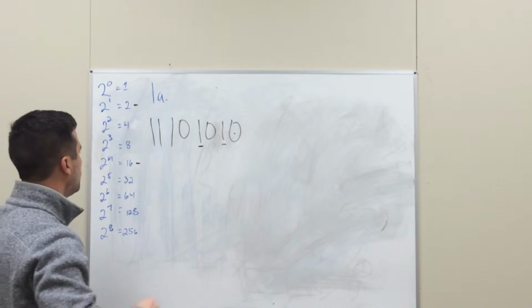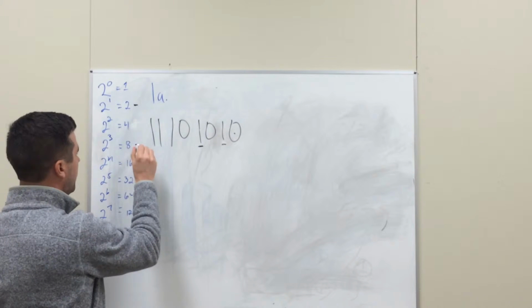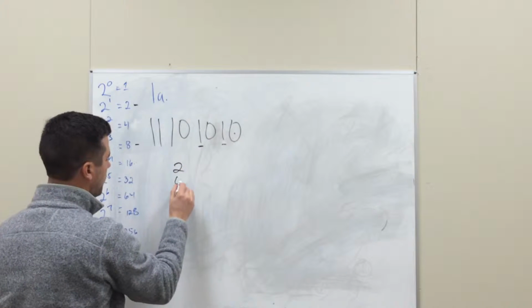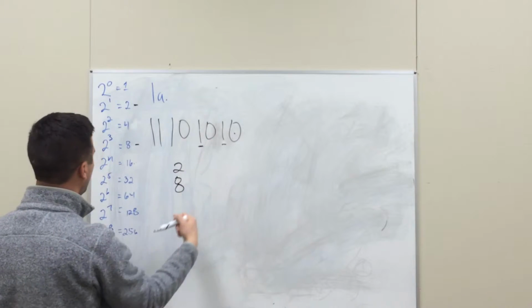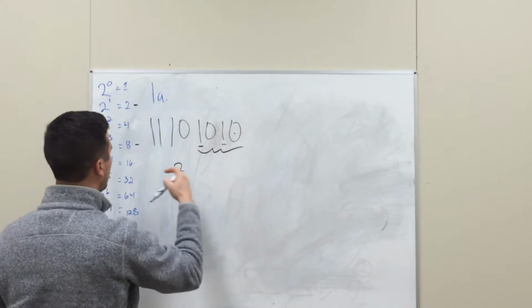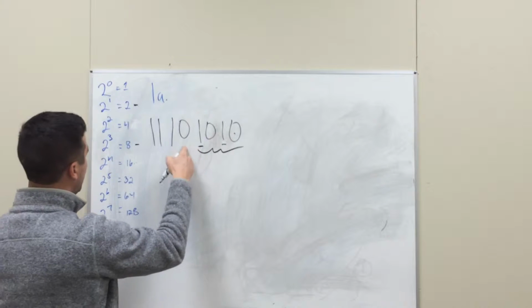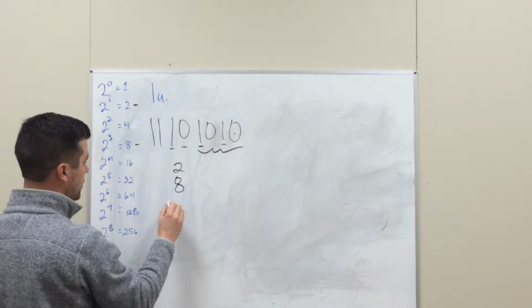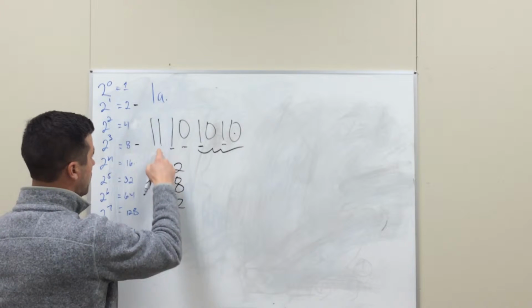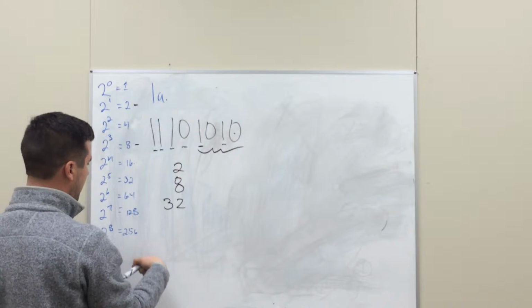So we know so far we've accumulated 2, 8. So we know that this number is 10 right here. And then adding to it, 2 to the 4 isn't relevant. 2 to the 5 is, 2 to the 6 and 2 to the 7.